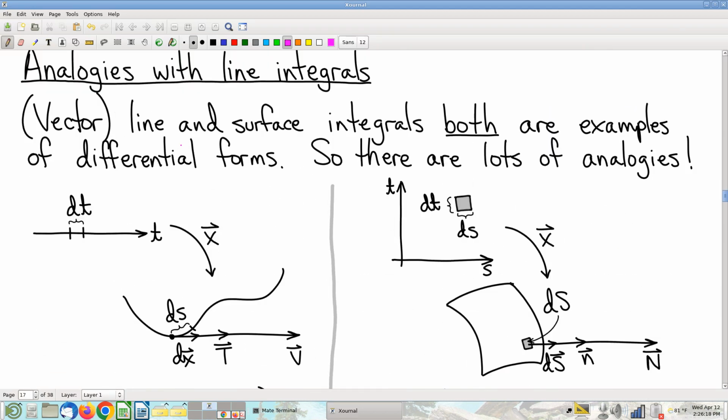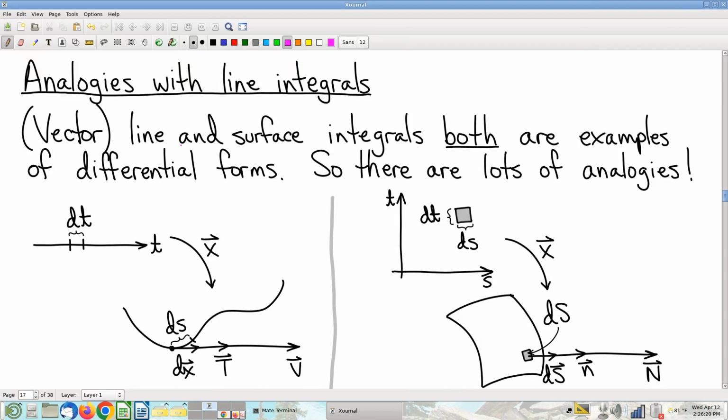Moving along. Y'all have heard me say the term differential forms a bunch of times. Again, I think it's good culture to know that there are bigger ideas in play that we're only going to see glimpses of shadows of.